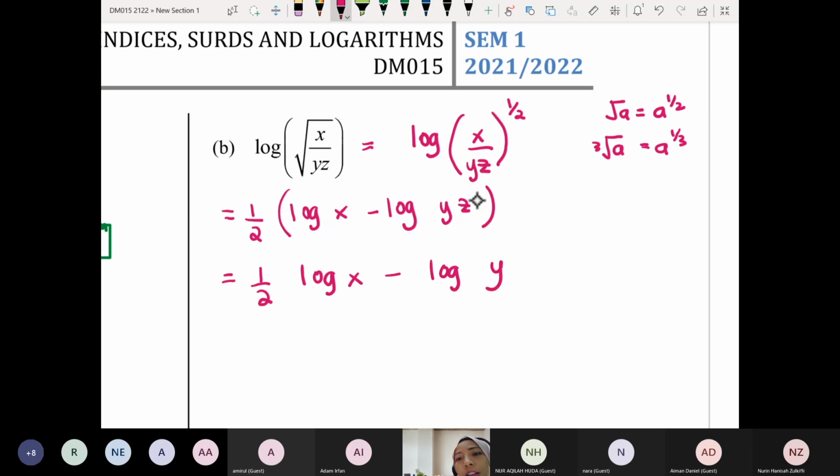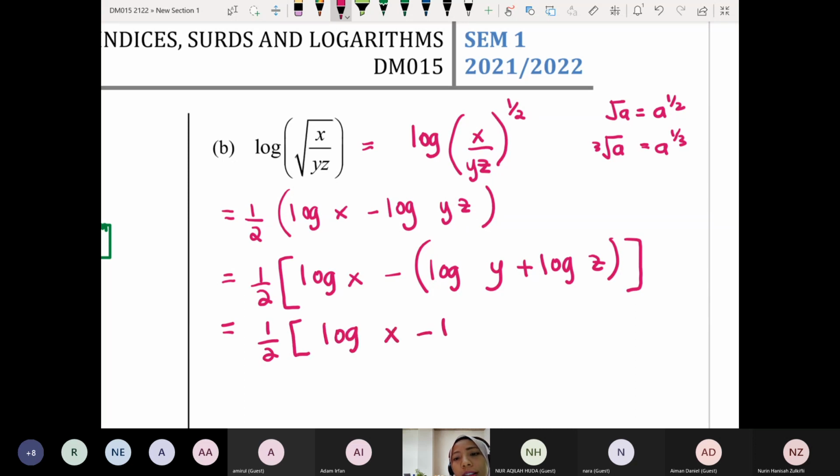Since this is multiplication, it is also plus, but put a bracket because the minus applies to the whole of log yz. So if you break this up, it will be log y plus log z. And don't forget the 1 over 2 outside. So 1 over 2 log x minus log y minus log z.